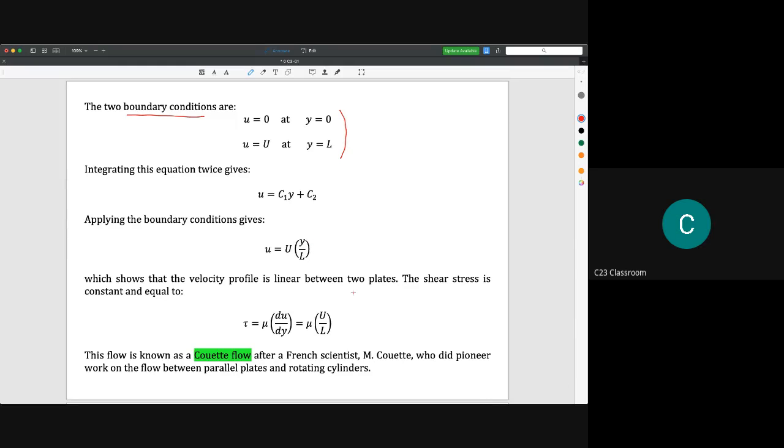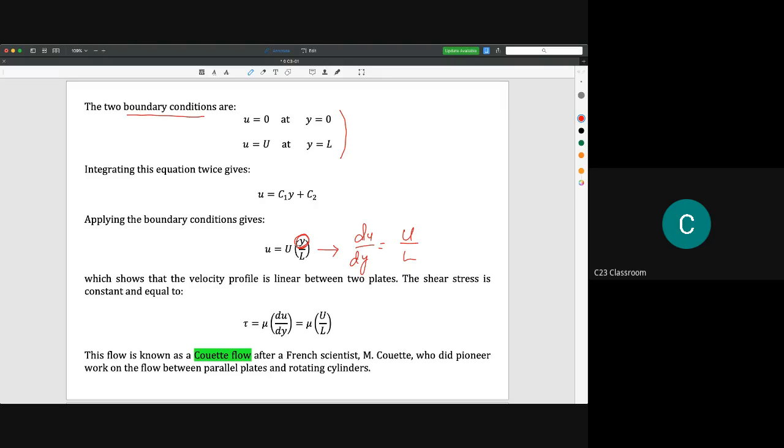And then if we substitute with this one, we have u equal to capital U y over L. And then from here, we could calculate the value of du dy. So it is equal to U over L, because we are differentiating a single y here, and then it becomes 1.